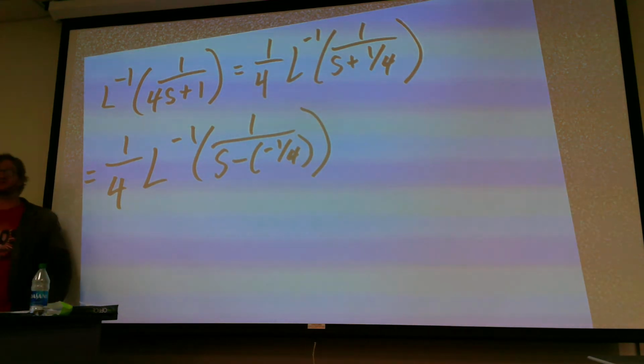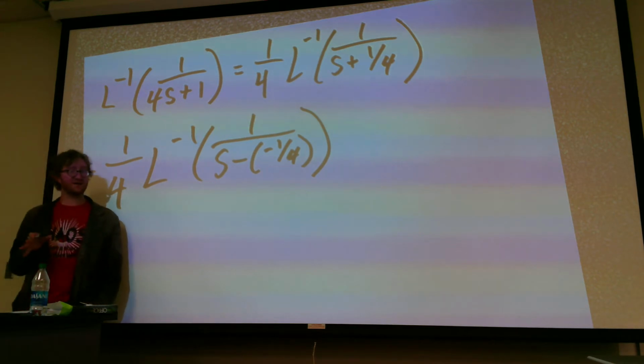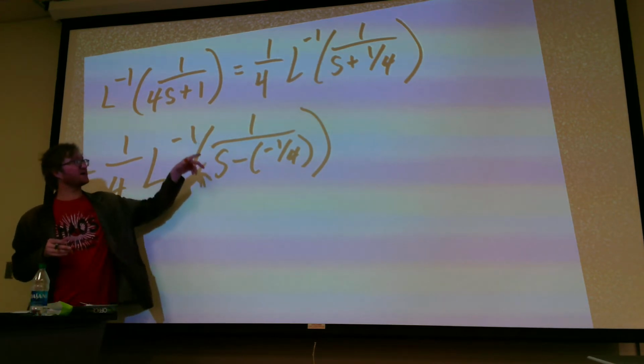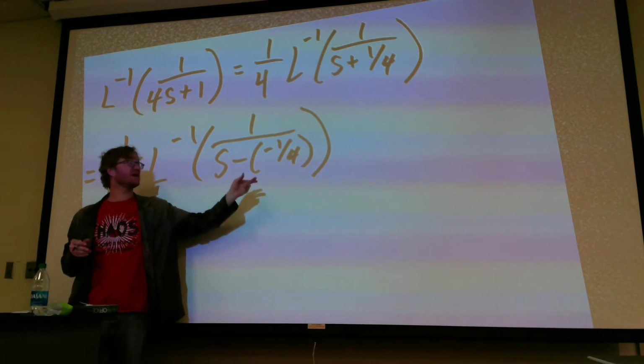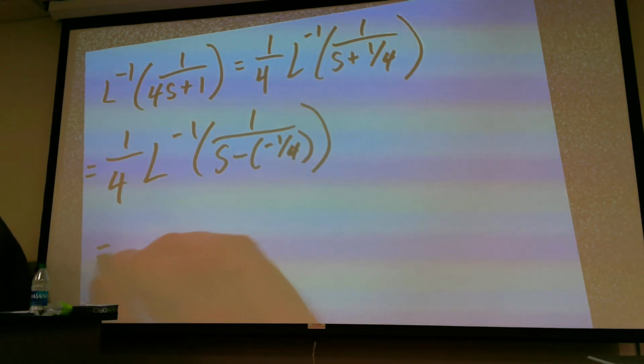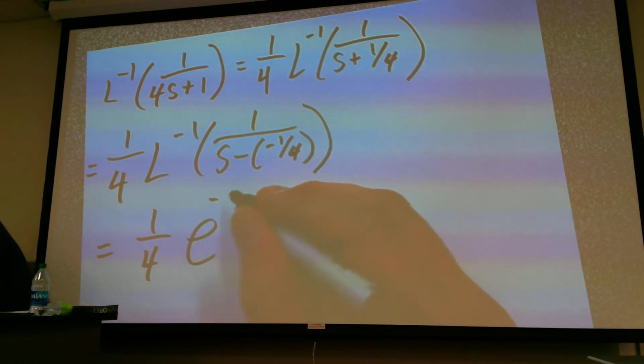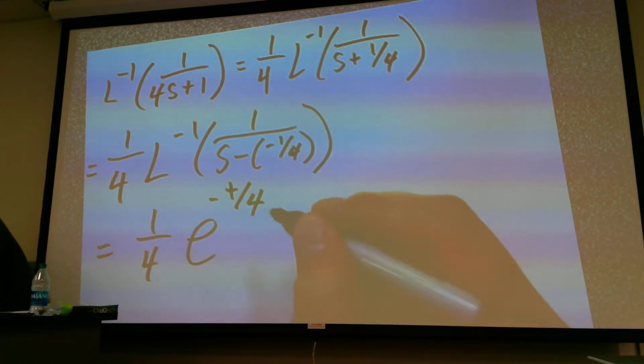The minus and the negative will turn that into positive. So at this point I can use the formula because I have 1 divided by s minus a. The a is negative, but that doesn't matter. So this becomes 1 divided by 4 times e to the minus t divided by 4.